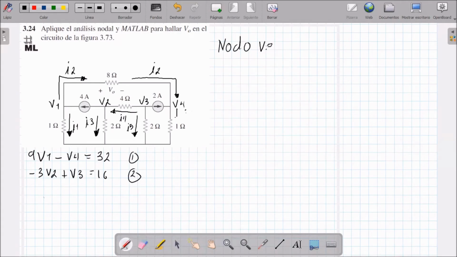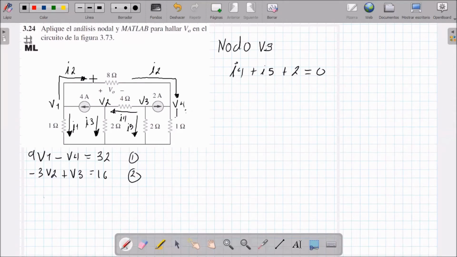Good. Now, let's work on node 3. Node 3 is the one here. The currents that come out, we observe that they would be I4 plus I5 plus the 2 amps, and that will be equal to 0.